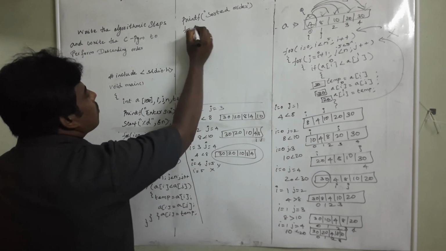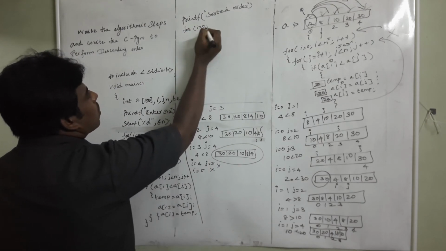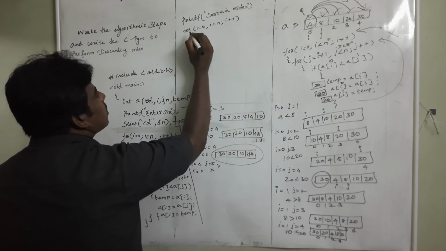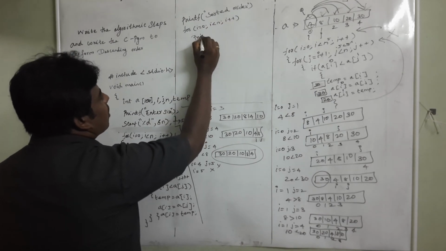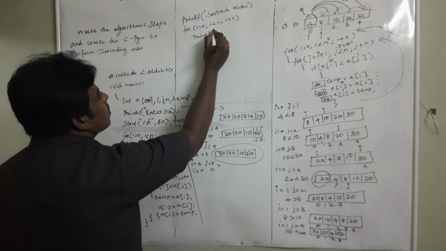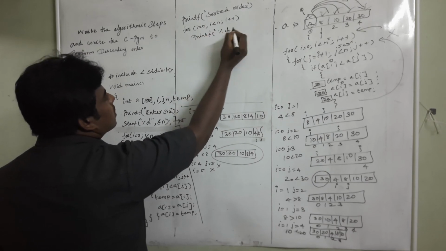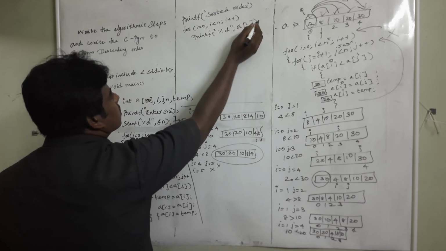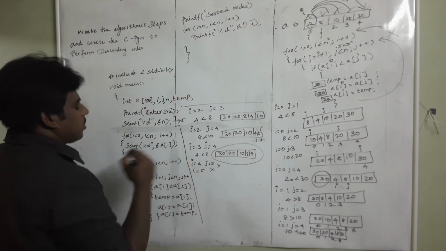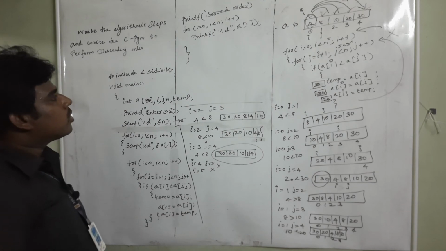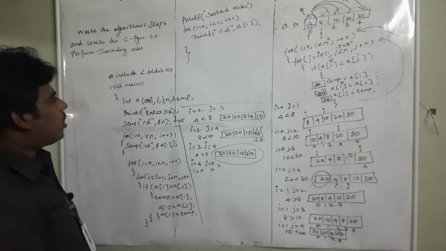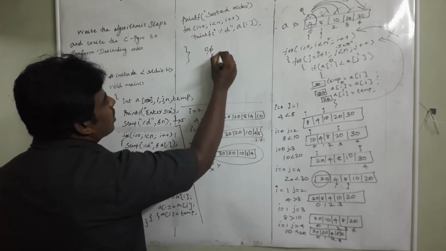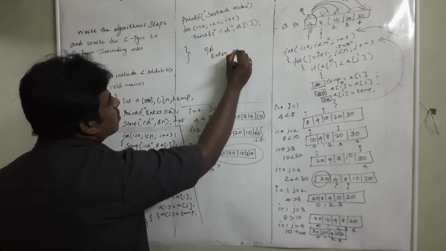Again I want to use the for loop, for i equal to 0, i less than n, i plus plus. Inside that printf, print the array, percentage d comma a of i. Okay. So in your output, first it will ask to enter the size.